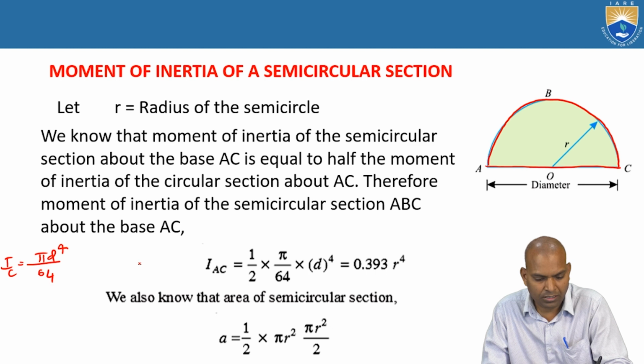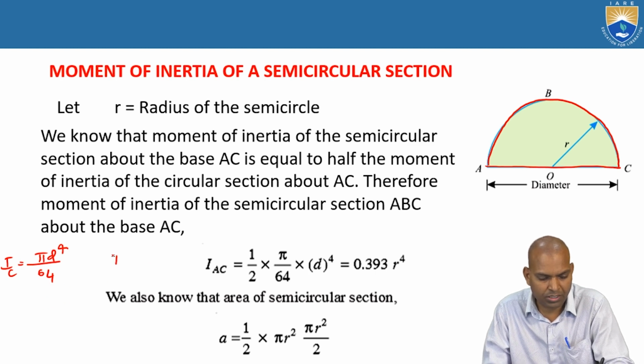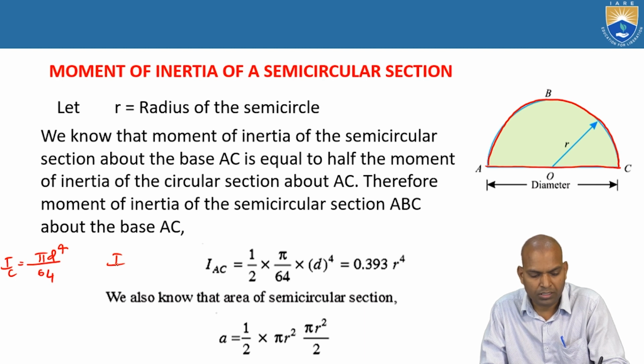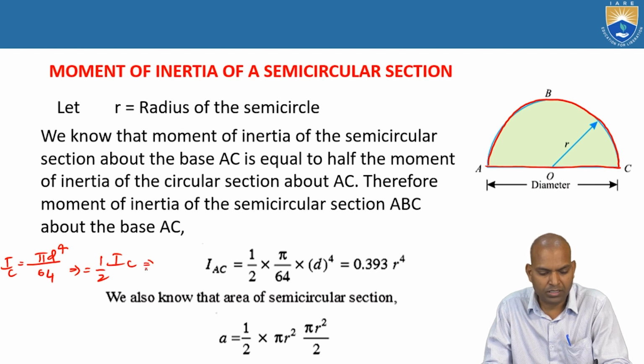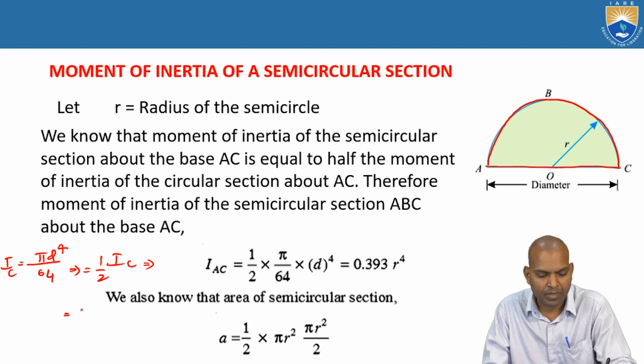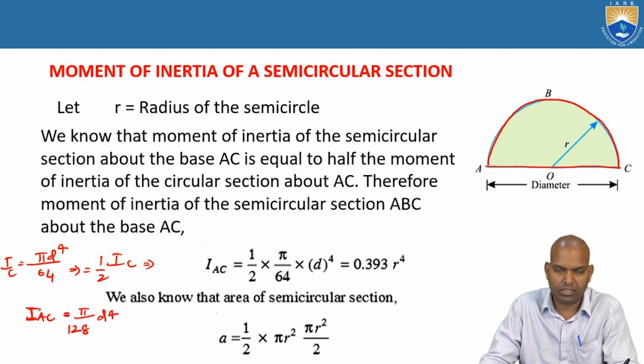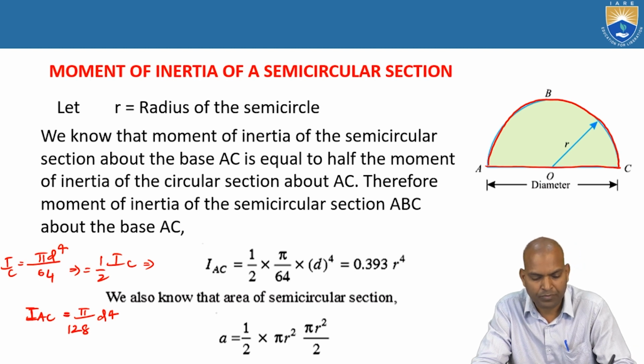So the semicircle moment of inertia, I_AC, is half of I_C, that is 1 by 2 times pi d power 4 by 64, that is pi by 128 d power 4. That is the moment of inertia of the semicircular section about AC.